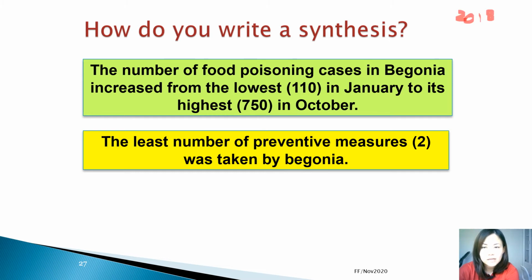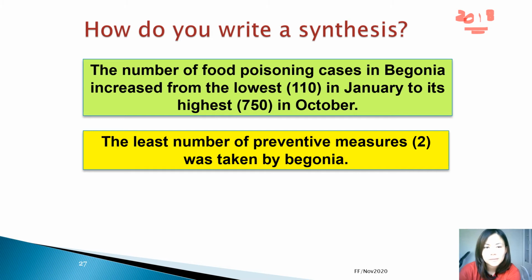And you notice that we do not mention 2018. Why? Because that is only about 1 year. Whatever is given here, it's understood that it's 2018 information. It's just that for the analysis for figure 1, we have to state the month. That is your time frame.